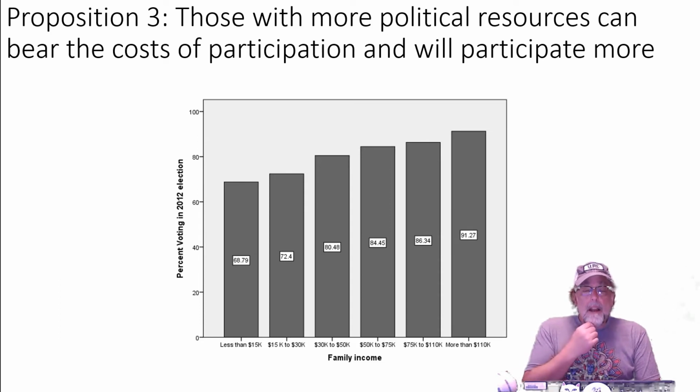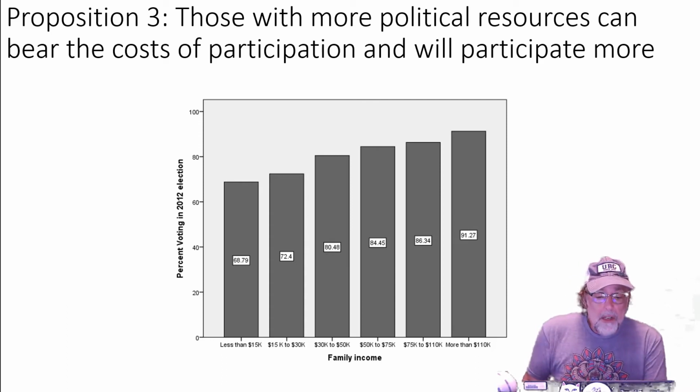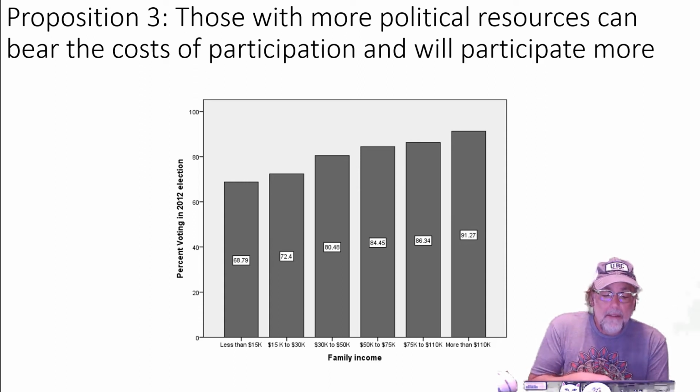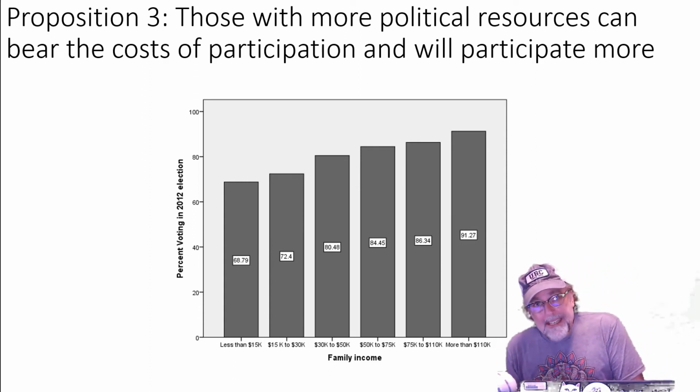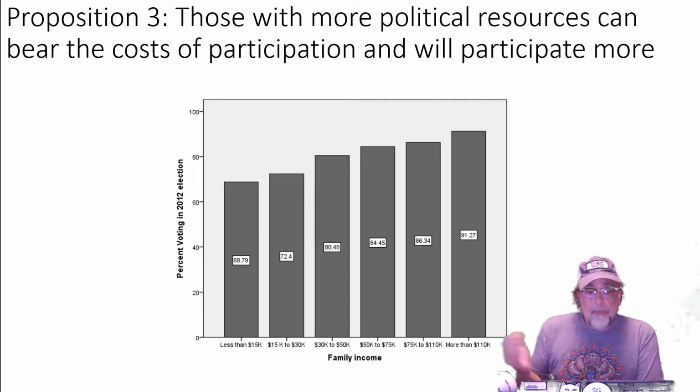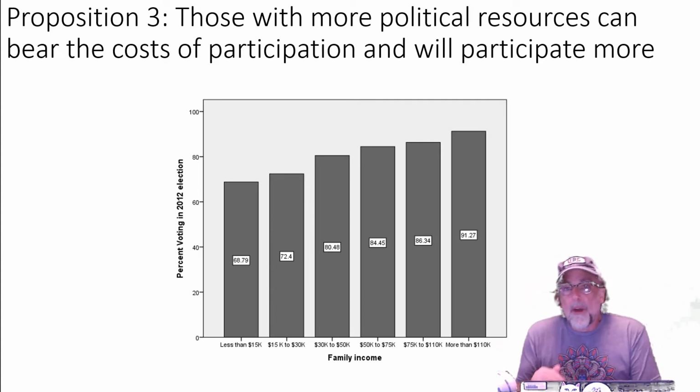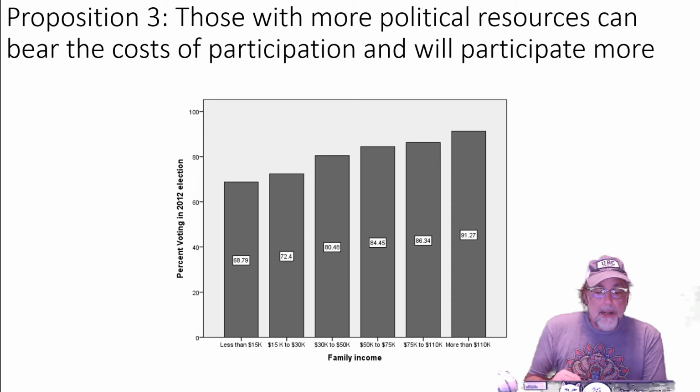Let's look at another measure of resources, family income. So this is just money. Along the horizontal axis, from less than $15,000 a year to more than $110,000 a year. Again, we see that relatively linear increase.